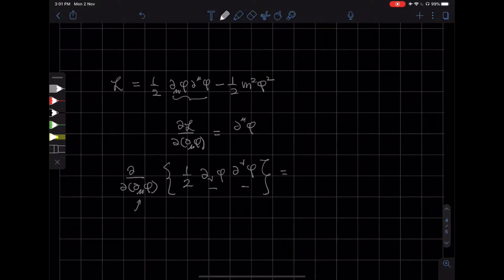So this is going to be half, and then the first term will be this thing acting on this thing. If I do that, then I get a delta of nu of mu, because if mu and nu don't match, then the derivative here and the derivative here will be different, and the partial derivative will give me 0. That will be multiplied by del nu phi, the second factor.